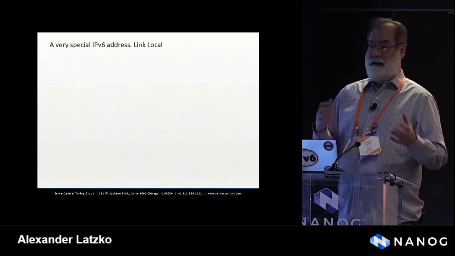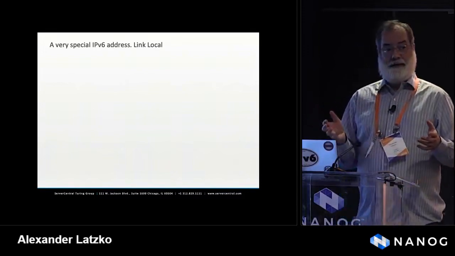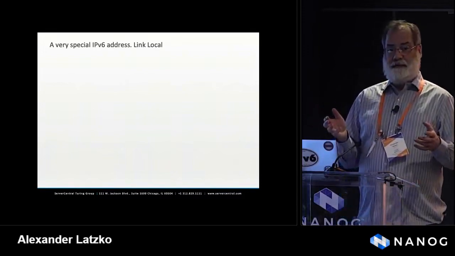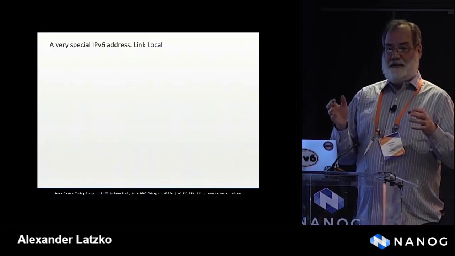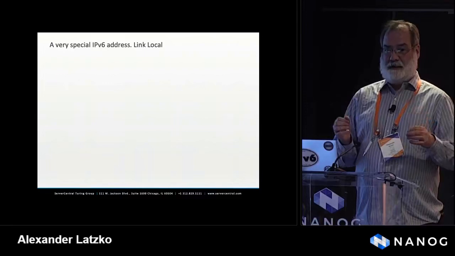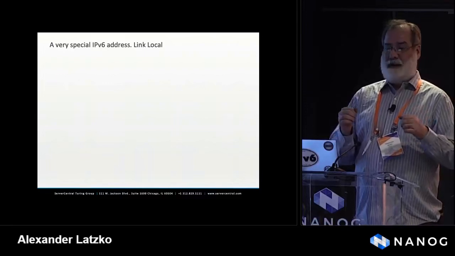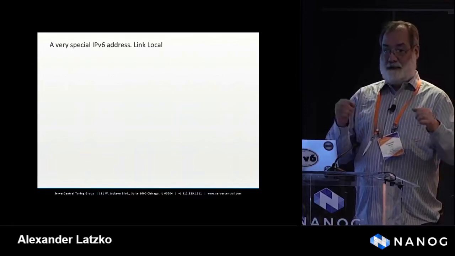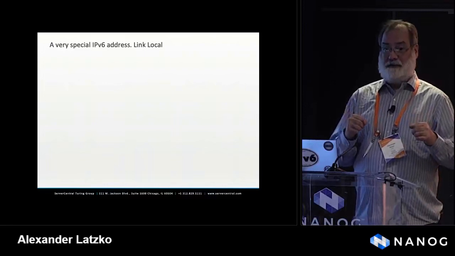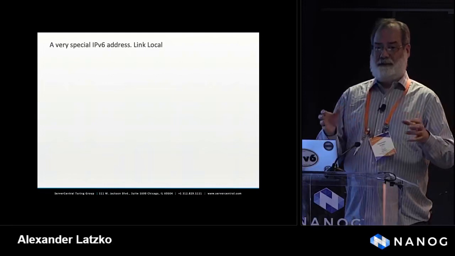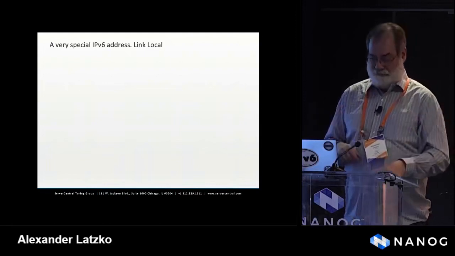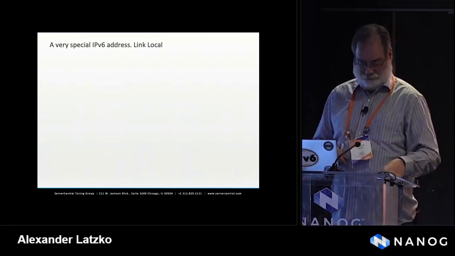So, if everybody's happy with that and the /64 prefix, I'll now tell you a bit of magic. /64 is a magic number in IPv6 land. Don't ever let anybody tell you that you don't need a /64 of address space. It's built into the protocol. There's lots of them. So, link local.